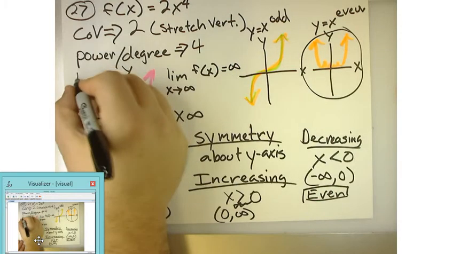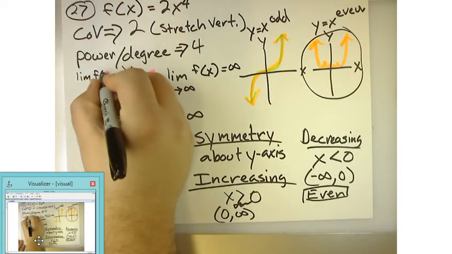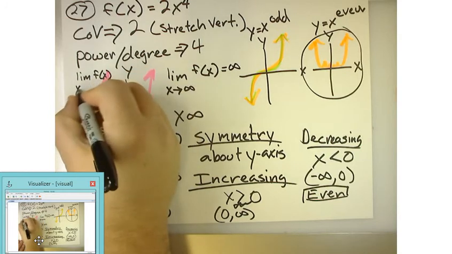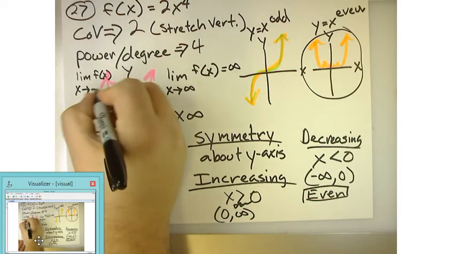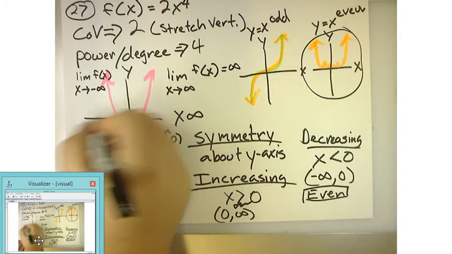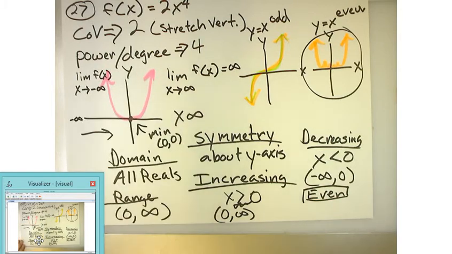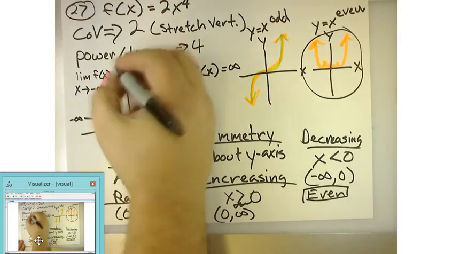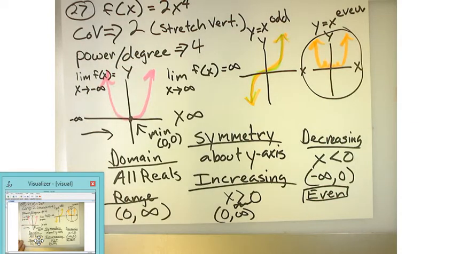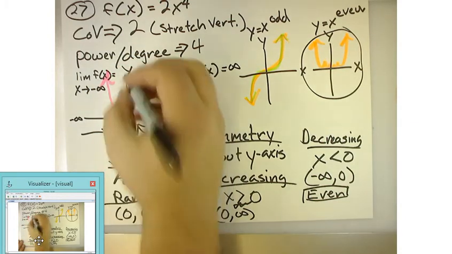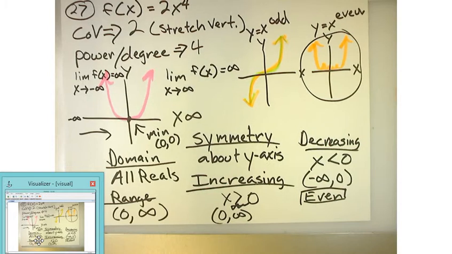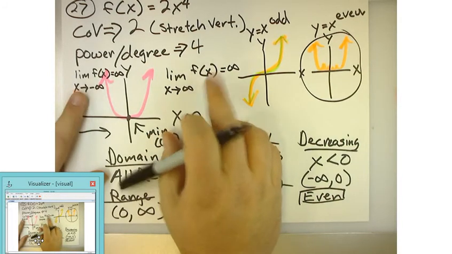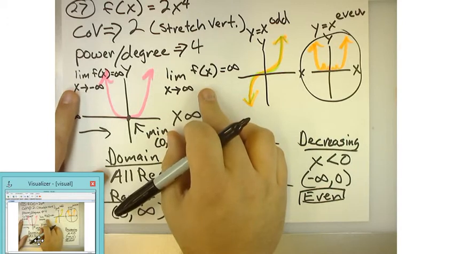Now, if I take the limit of f of x as x approaches negative infinity, in other words, I'm going to go this way towards negative infinity, I follow the curve this way. What does my y value approach? Positive infinity again. This is always going to occur when we have a monomial with x raised to the even power.